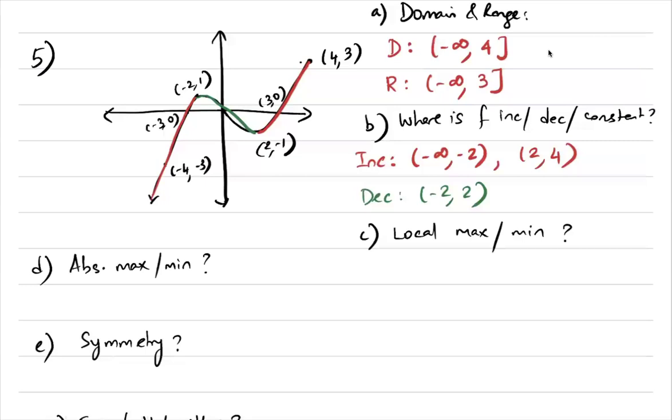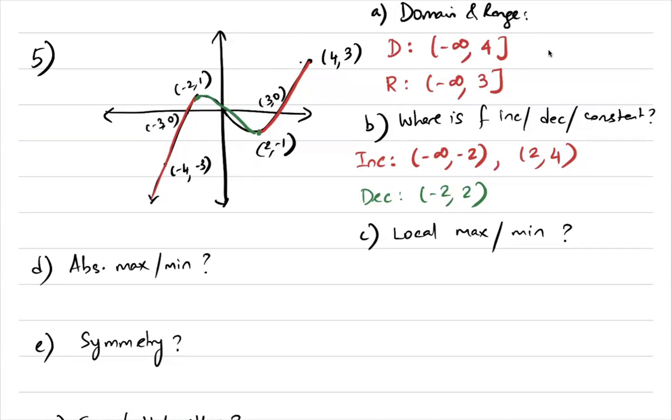Next question is asking you what are the local maximum and minimum values? So you see how this graph turns here at this point and it turns at this point. So this -2 comma 1 is a turning point and that y value is a local maximum because in the interval surrounding that point you see that that is the highest y value.